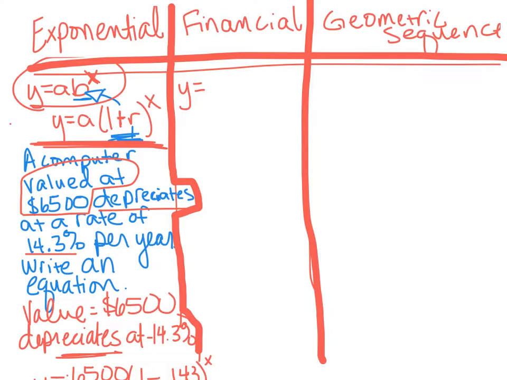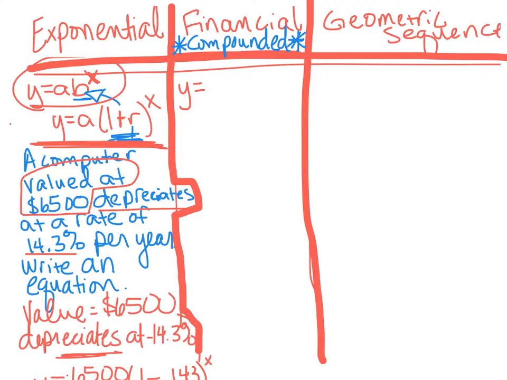So the financial version of these has to do with investments. It's not just anytime there's money involved. It's really when we're talking about investments. And the key word you are looking for to know if you're using this formula is when they start talking about things being compounded.